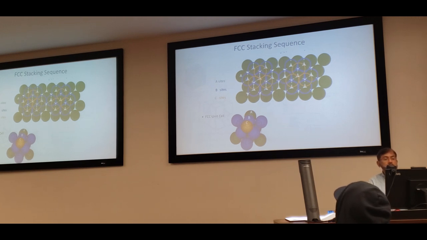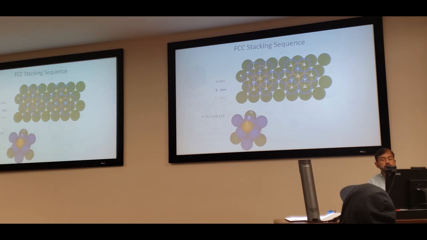So you can see that this is the first layer. You can have these B-type voids here, okay? B-type voids, that is vertex pointing up, B, and the other one pointing down is C. If you consider this as B and this is C.